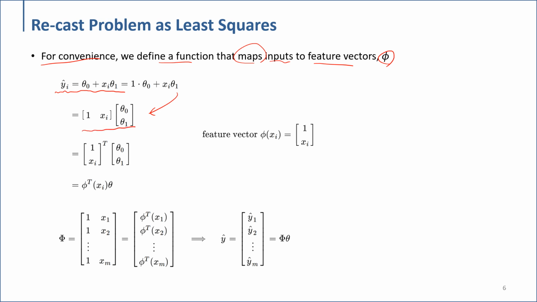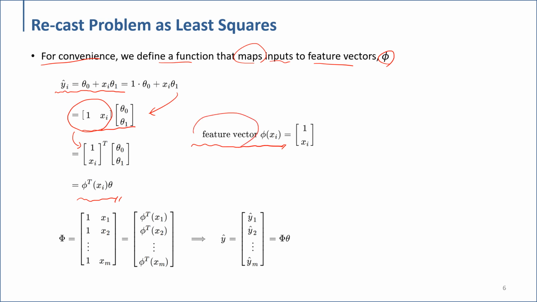By rewriting this row vector as the transpose of a column vector, we can rewrite the linear model as phi transpose times theta.